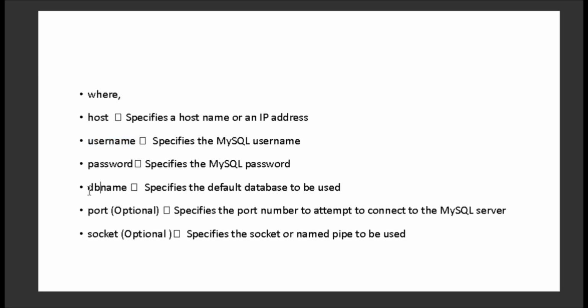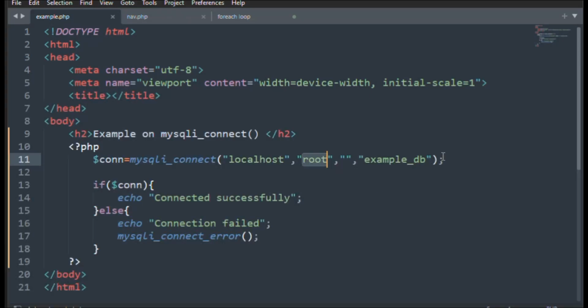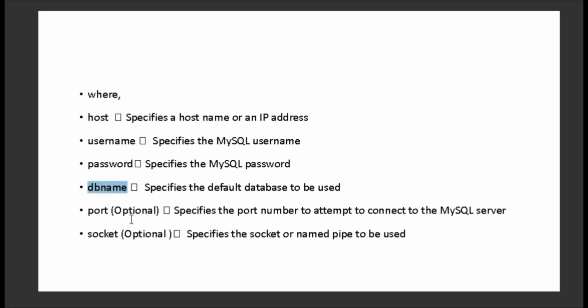Next one is DB name, the database name, which specifies the default database to be used. In our example we have given the database name as example_db. Next, the port and the socket are optional. Port specifies the port number to attempt to connect to the MySQL server. Socket specifies the socket or named pipe to be used.